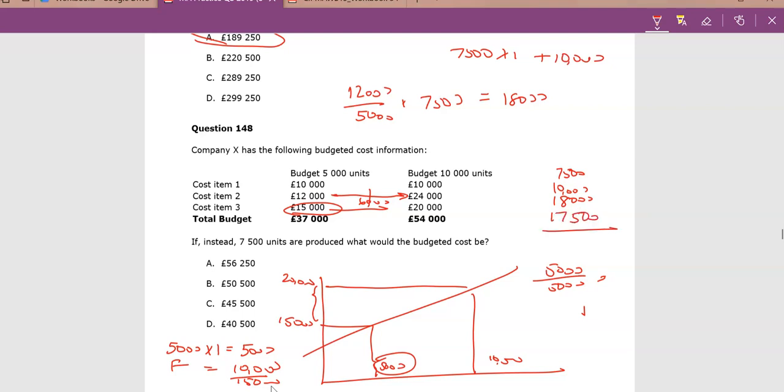So I can add all these together. So that's 10,000 plus 18,000 plus 17,500 gives me 45,500. 45,500 takes me to C.